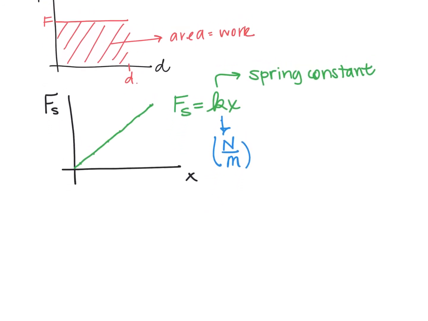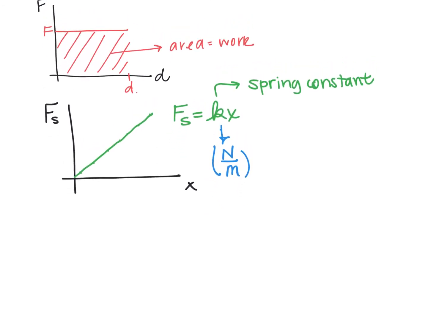Now, if the area under the graph is the work, in this case the force will not be constant. I can't just use the spring force value at a particular distance, because the spring force magnitude was changing.